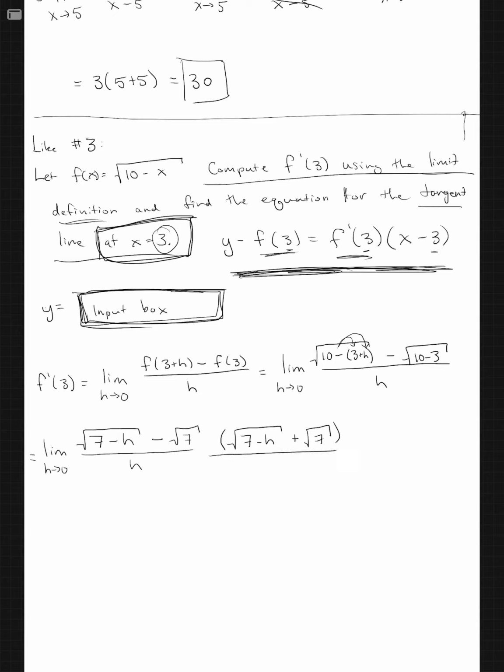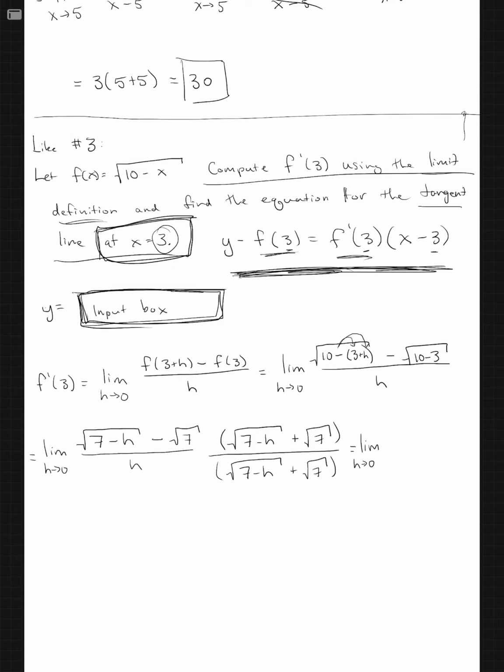And if we're going to multiply by something, we've got to do it on the top and bottom so that we're not changing anything. Right? And we remember that this is okay. It means we're going to have this square root stuff on the bottom, but it's going to be square root stuff that's not going to 0, so it's not square root stuff that we're going to have to factor.